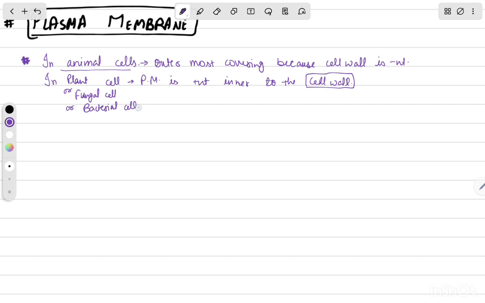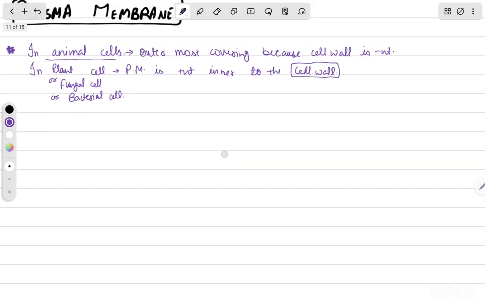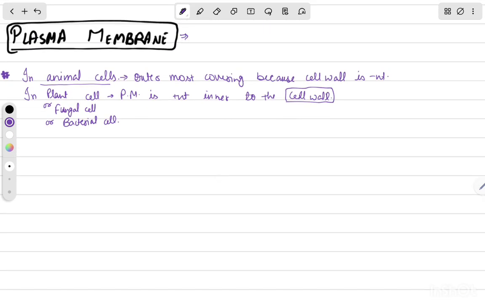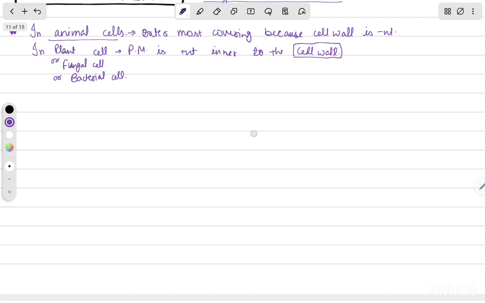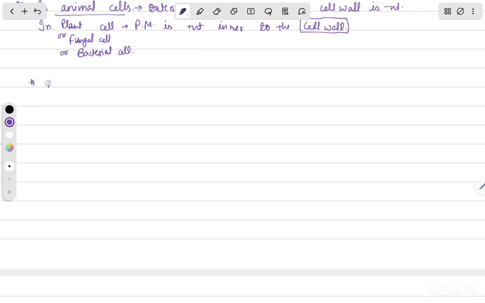Right? Now, if we compare this structure of plasma membrane with cell wall, cell wall was a non-living and rigid structure. Plasma membrane is a living and flexible structure. Plasma membrane of cell is considered to be selectively permeable. This is very, very important.